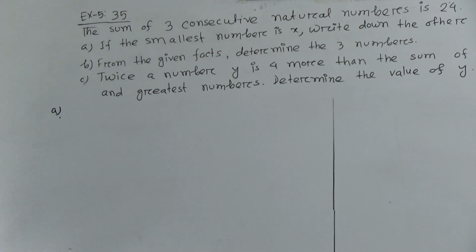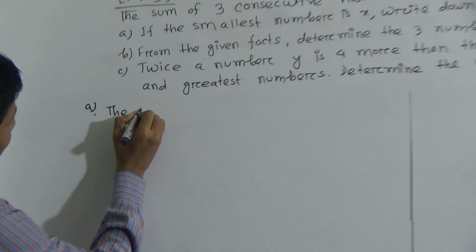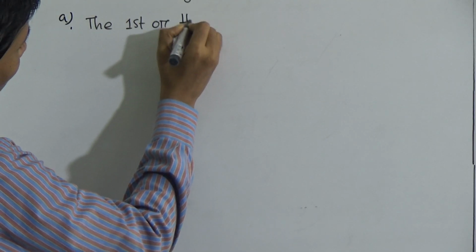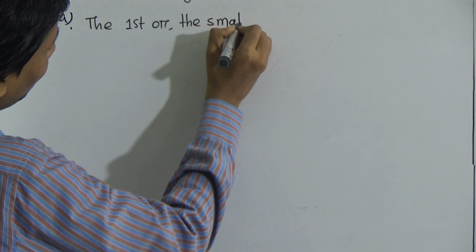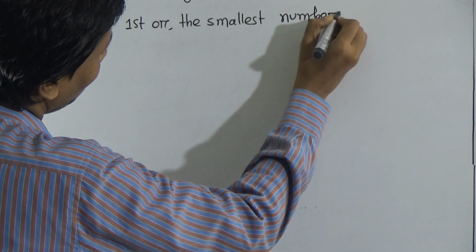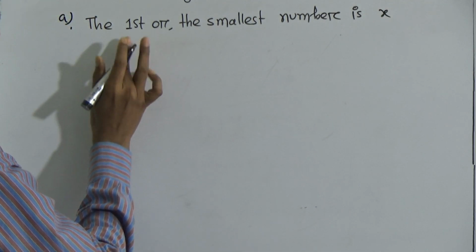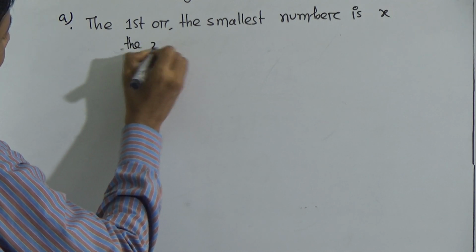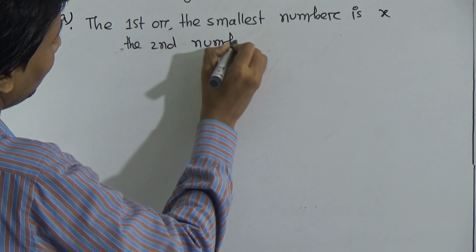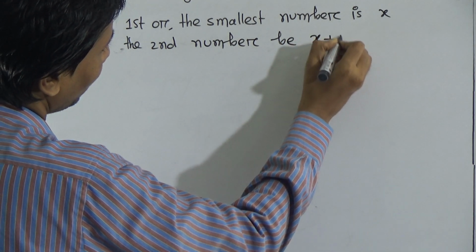now solution. A: If the smallest number is x, the first or the smallest number is x. The second number is what? x plus 1.